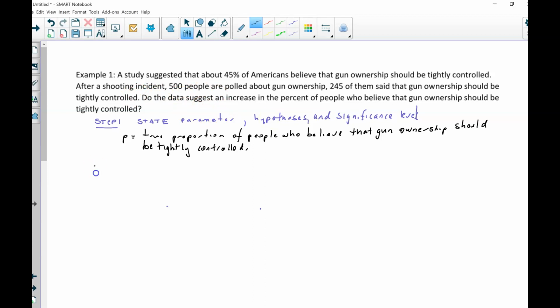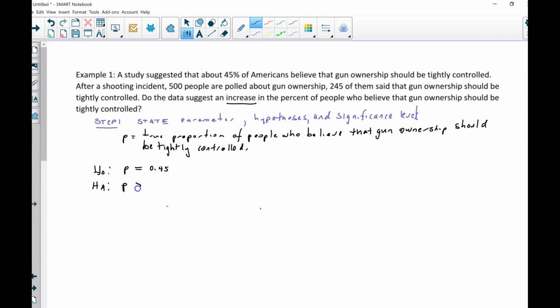So now we're going to define our null and alternative hypotheses. So our null, again, you're only going to have everything stated in terms of the population parameter. So in this case, prior studies suggested there was a 45% support of gun ownership. But if you read closely, that last line of the problem, or the question itself, says, do the data suggest an increase?